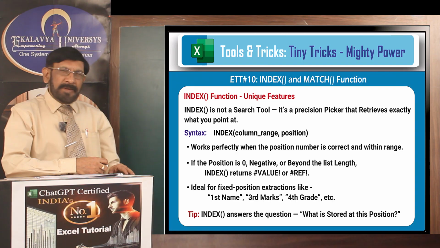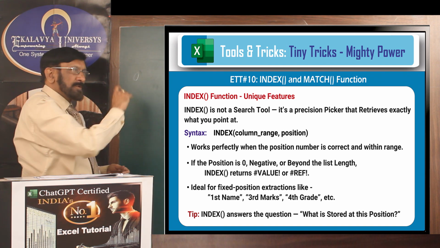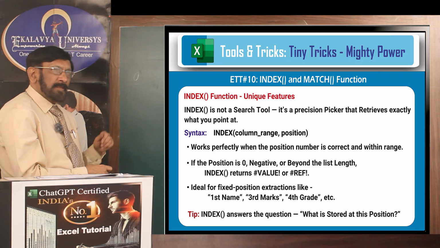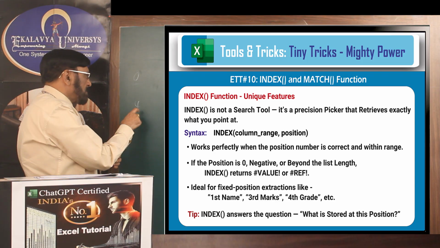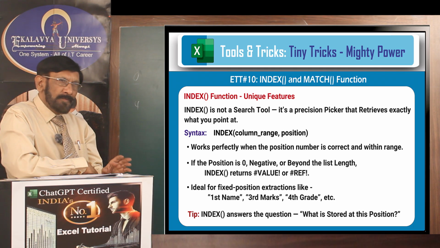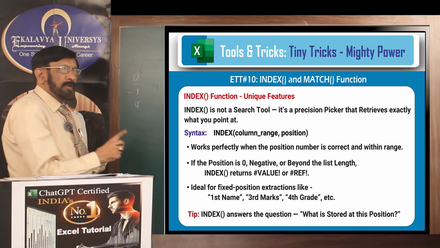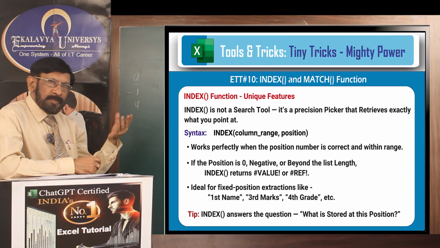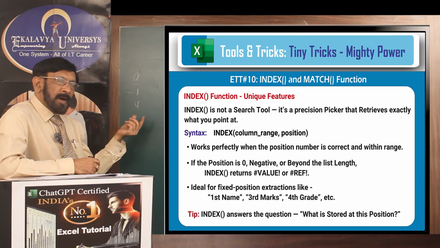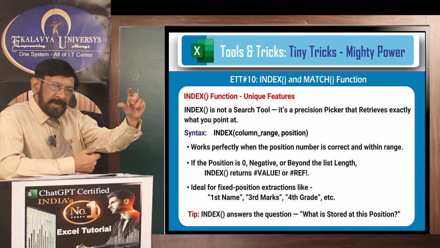In the application of INDEX, sometimes errors may happen. Suppose you give 0 as position, there is no scope for a 0 position, so an error will come. Suppose there are only 3 values and by mistake or inadvertence you give 4, outside the range, then an error is reported. Sometimes you may give a negative value. So there are 3 chances to report an error: giving 0, a negative value, or a position value beyond the scope.